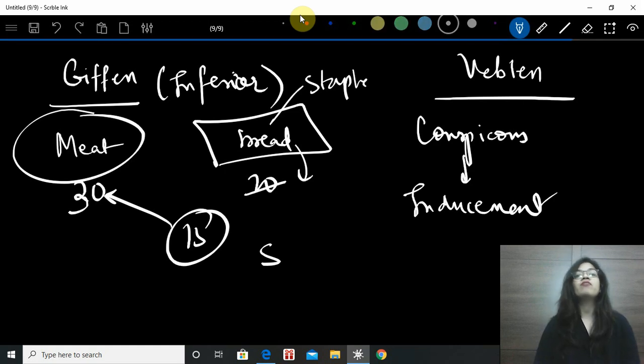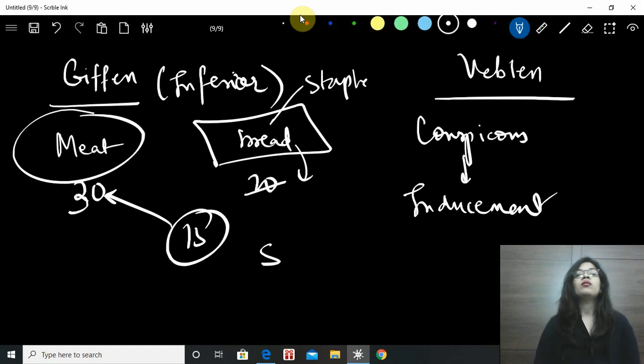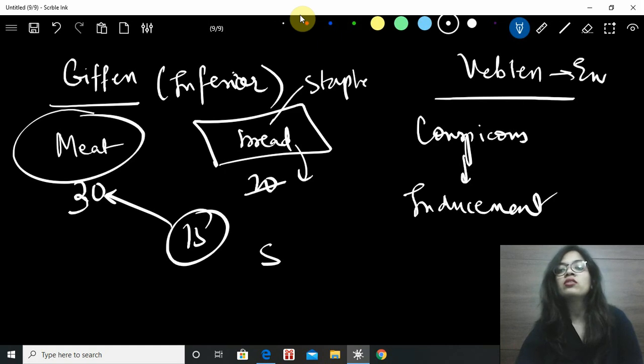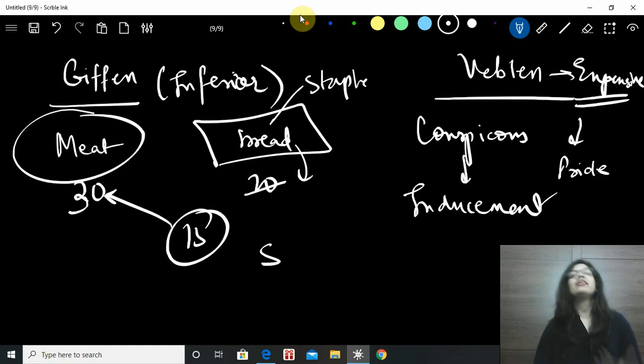So Veblen effect is sort of a luxury good or a conspicuous good which first of all you see, and because its price is high, it adds prestige or it adds value to your assets. So having that is sort of a prestige issue, right? It adds value. The more expensive it is, the more you can flaunt it in front of your peers. So these are all expensive goods, and it's a matter of pride there, and it's a status symbol or a prestige.